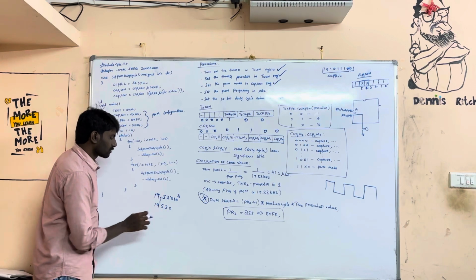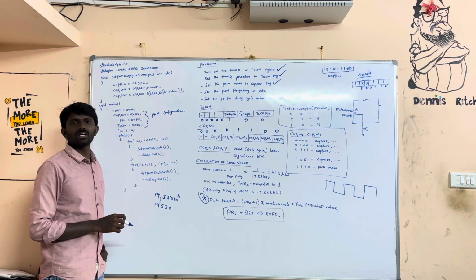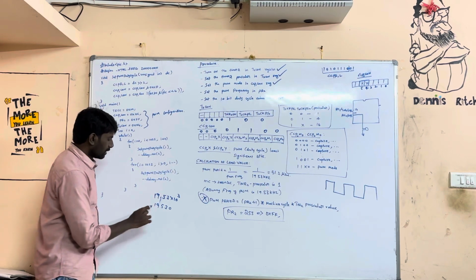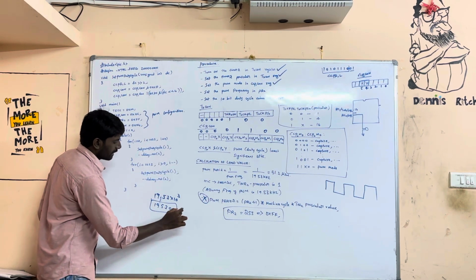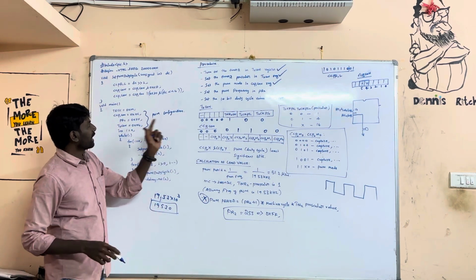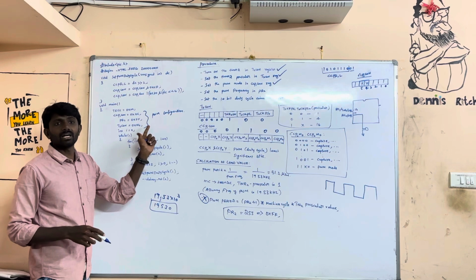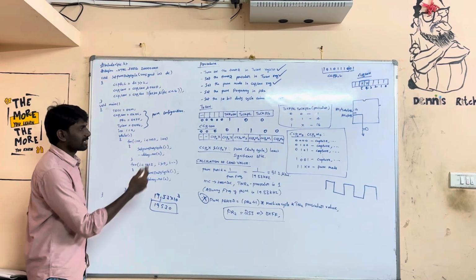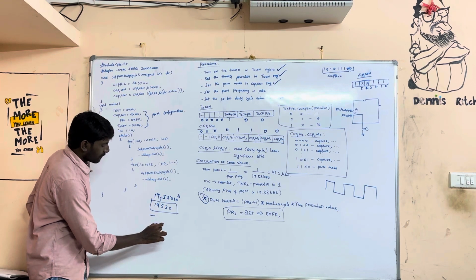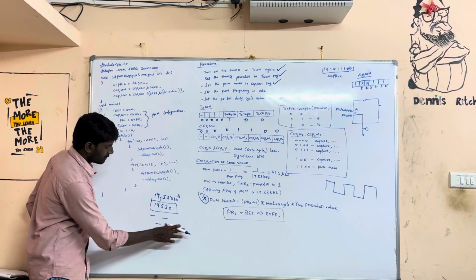So 19,530 clocks will be generated in 1 second. In that, according to your T on, let's take T on is 50. Then on, off, on, off.